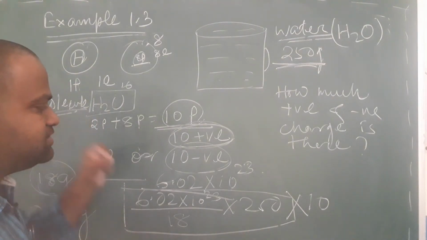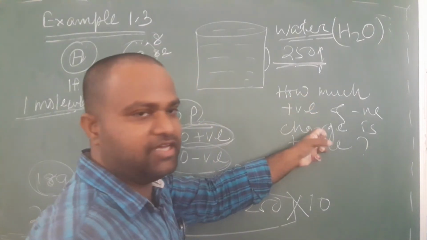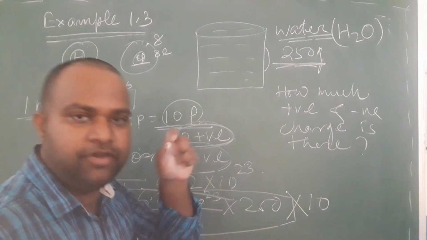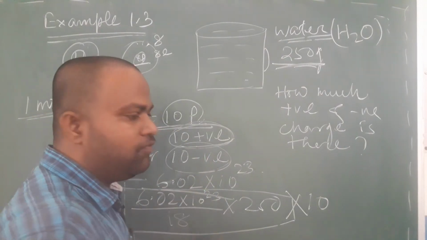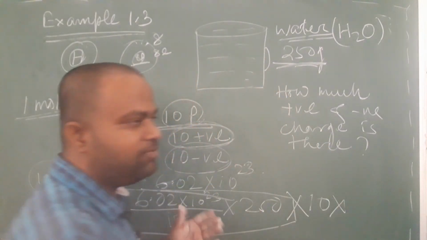Now what is the question? The question is how much positive charge is there. So this is the number of positive charges. What will be their charge? One positive charge carries how much charge?